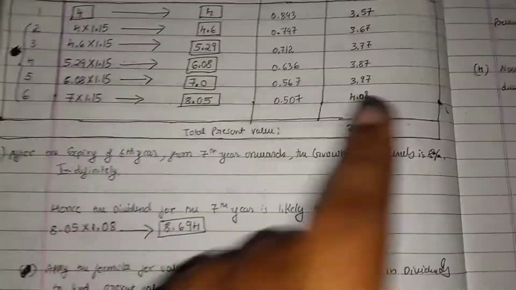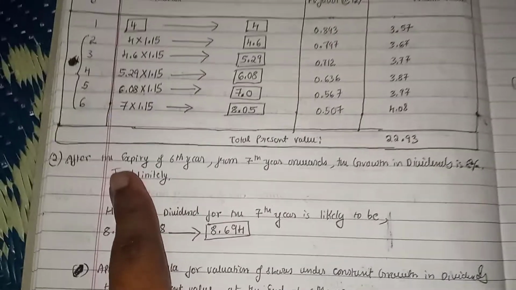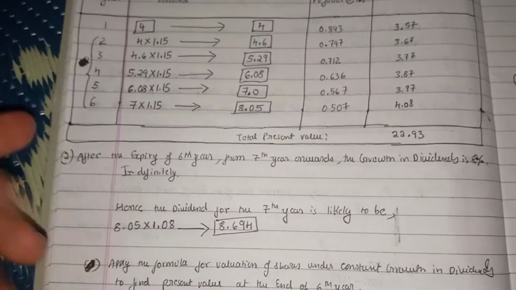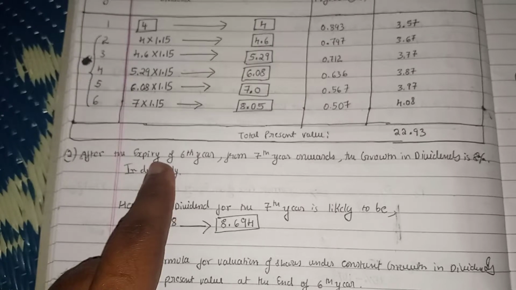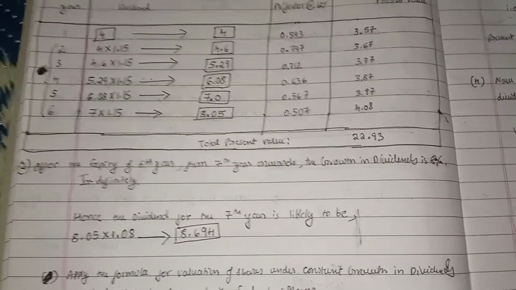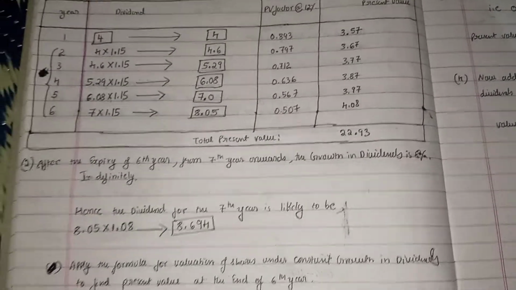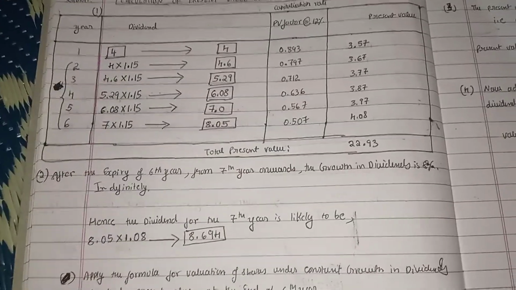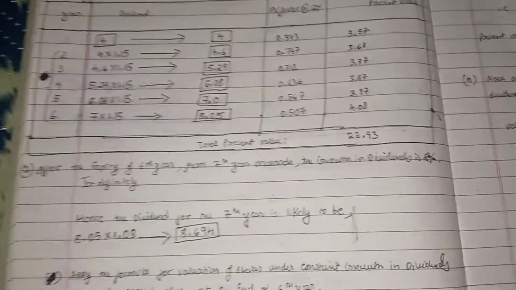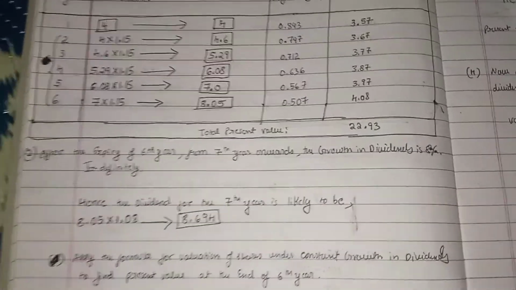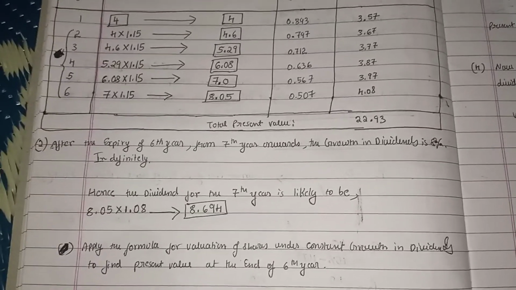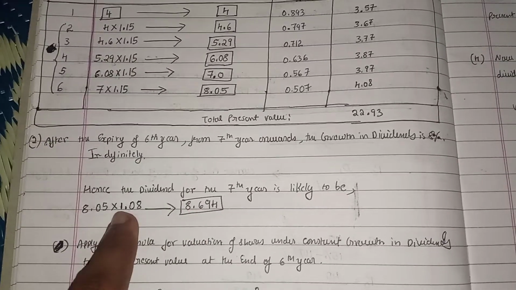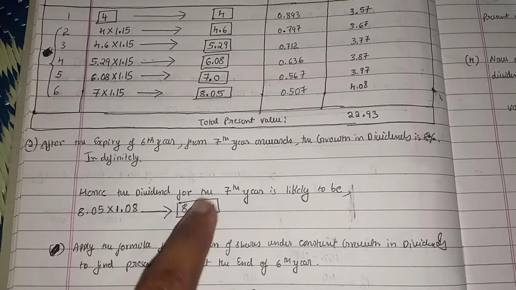After that, guys, here you have the total present value. So next, take your steps. Step 2, after the expiry of the 6th year, from the 7th year onwards, the growth in dividends is 8% indefinitely. Hence, the dividend for the 7th year is likely to be 8.05 into 1.08, which is equal to 8.694.